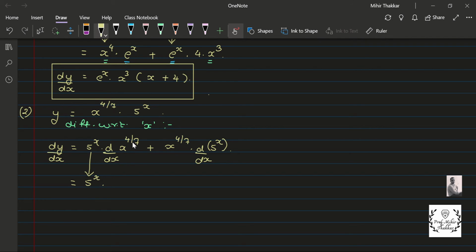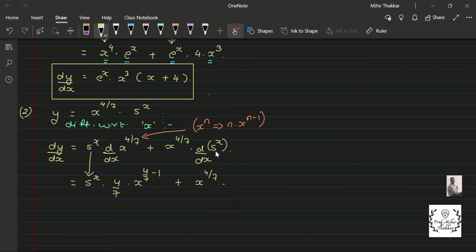X raised to 4 by 7 is similar to x raised to n. So when I know the formula for x raised to n, which is n into x raised to n minus 1, I can easily apply the formula. That becomes 4 by 7 x raised to 4 by 7 minus 1, plus leave this x raised to 4 by 7 as it is because it is outside derivative, as you know.